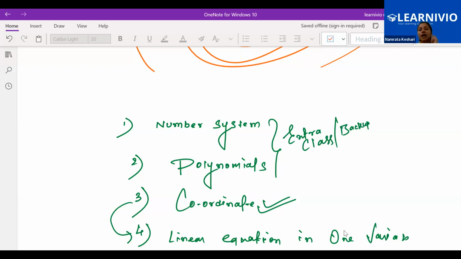After each and every class, if the topic is fully covered, then we activate the assessment so that you will be able to give the assessment, means test. You will be able to give the test in your Learnivio app, and there you will be able to understand whether you have understood the topic completely or not. If you are able to attempt all the questions correctly, perfect.